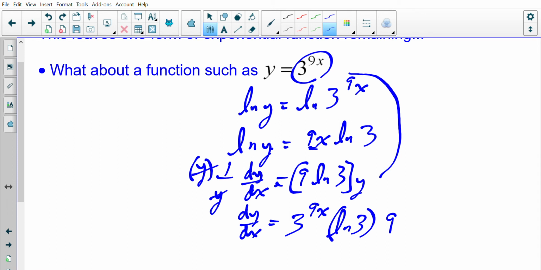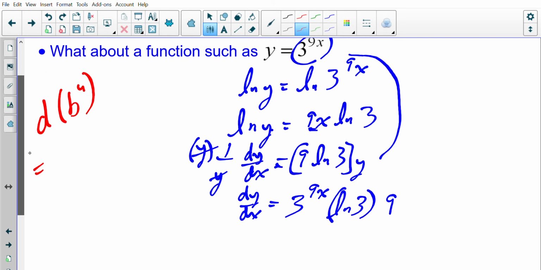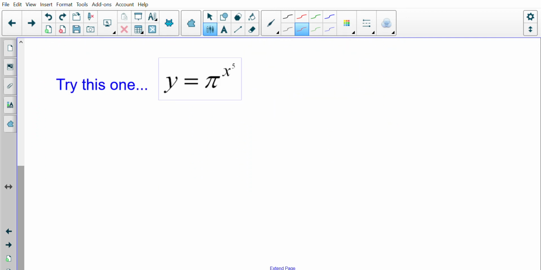Now again, we're looking for a pattern. There is a pattern that evolves out of this. For the derivative of b to the u, where b could be any base, and some of you may already see a pattern here, but we'll do one more the long way before we write out a rule that will do this instantly for us every question. Same thing, let's take the natural log of both sides.